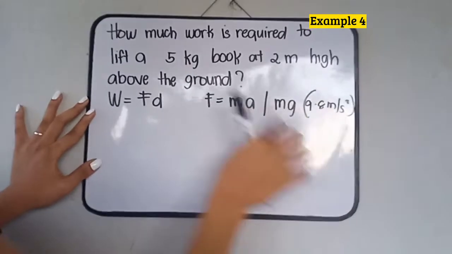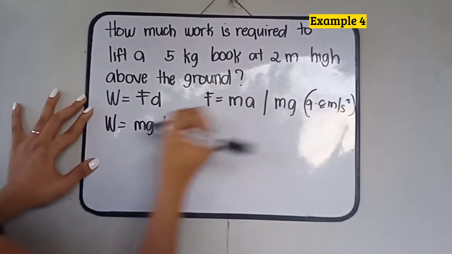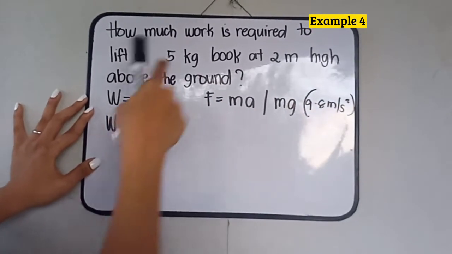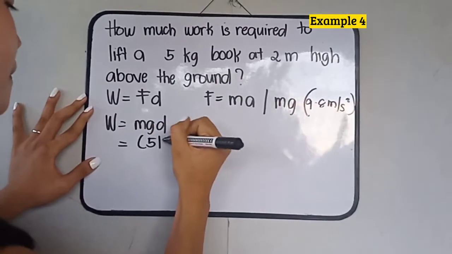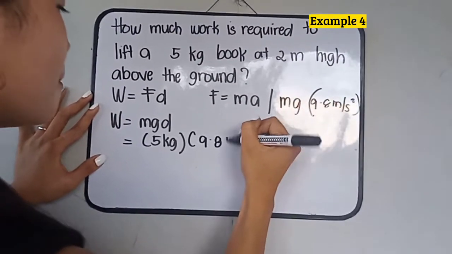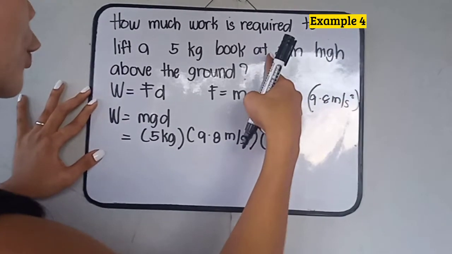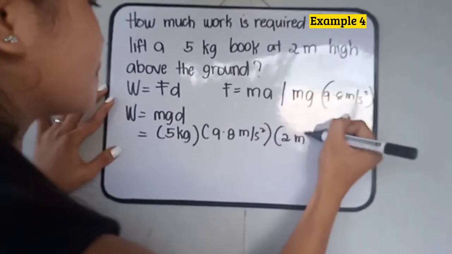So let's use this one. Work is equal to mgd. Substitute: m is 5 kilograms times the pull of gravity, 9.8 meters per second squared, and the distance of 2 meters.